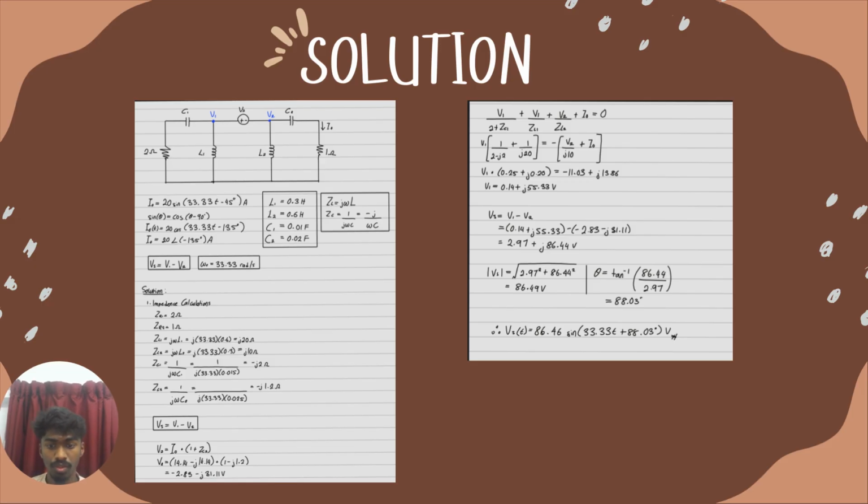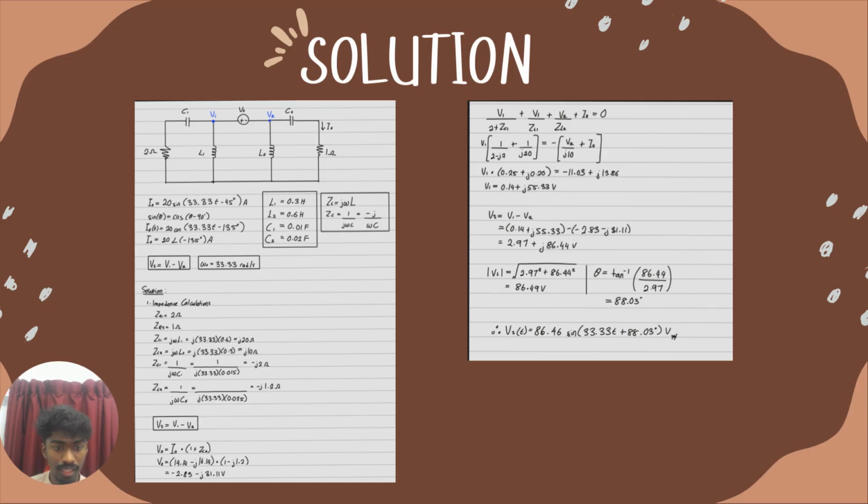For the inductance ZL1, after we calculate, we got J20 ohms, and for ZL2 we got J10 ohms. For the capacitors we use the ZC formula. ZL is for inductance and ZC is for capacitor.